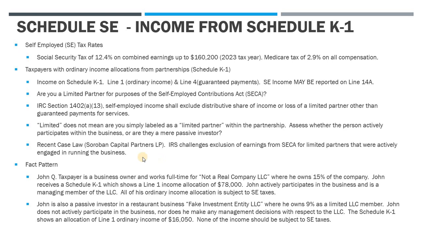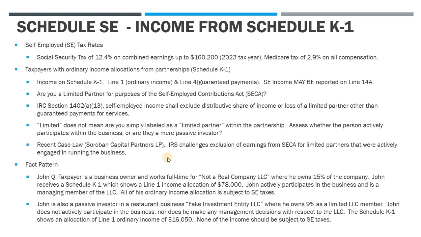And the most recent case we have in front of us today is this Soroban Capital Partners case, where the IRS challenged the exclusion of earnings from SECA for limited partners that were basically actively engaged in the business. So this was a hedge fund, and the hedge fund managers held general partner interests and limited partner interests.